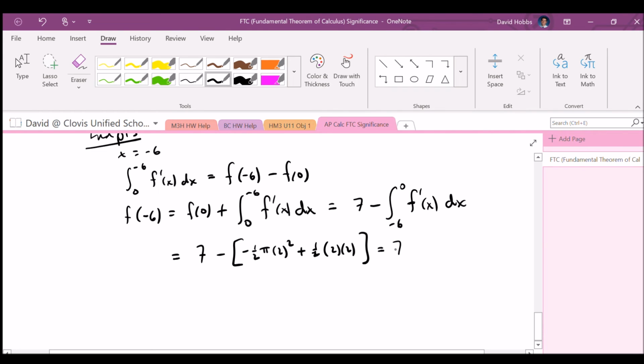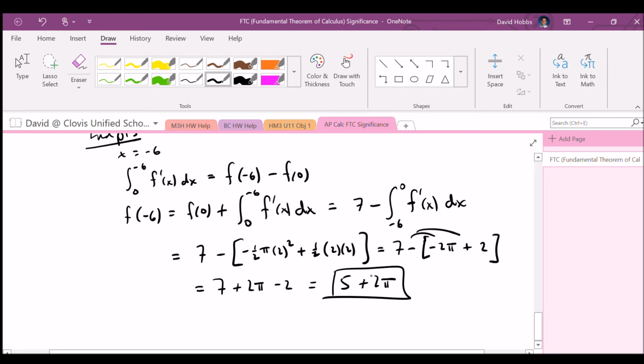So this becomes 7 minus, we've got negative 2 pi plus 2, and if I distribute the negative, we get 7 plus 2 pi minus 2, which is 5 plus 2 pi. Keep in mind that that's approximately 11.28, just real general.